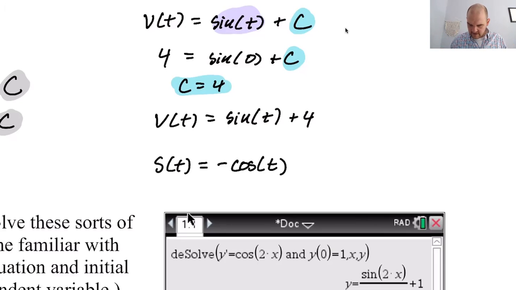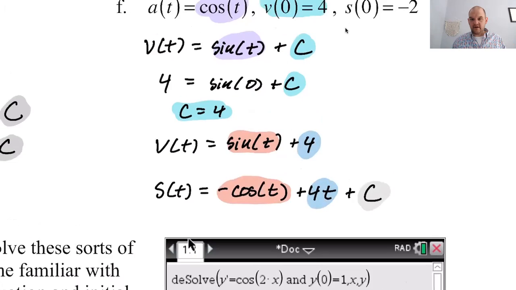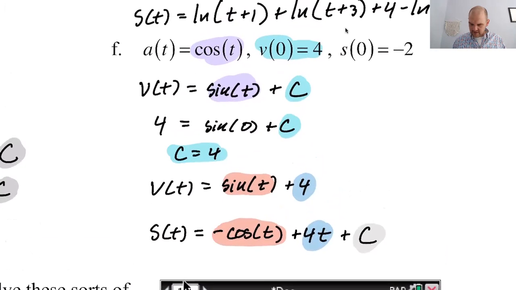So we went from here to here. What do I take the derivative of to get 4? Well, it's just 4t. That's sort of unexciting, but we do get a new c, and that's kind of exciting. I don't know what colors I'm using anymore. Here to here, and then I think I use this sad gray color. That's our c value. We can solve for c using this information.